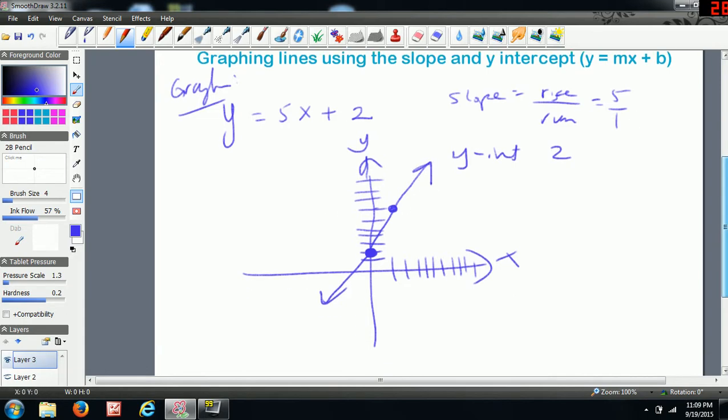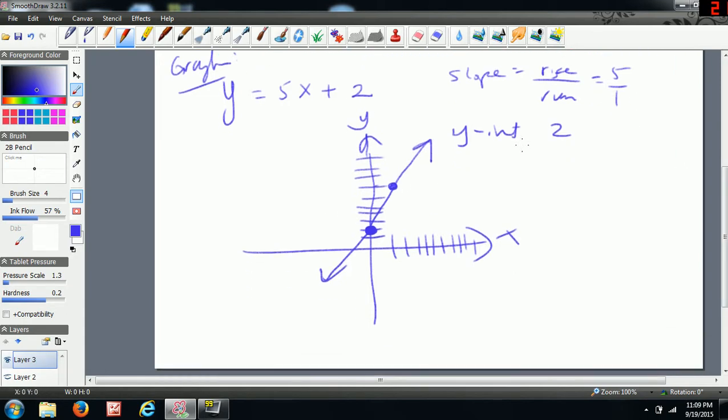Now, I'm just going to switch it up here. Say we had an example with the same intercept, so plus 2, but this time our slope was negative 5x.